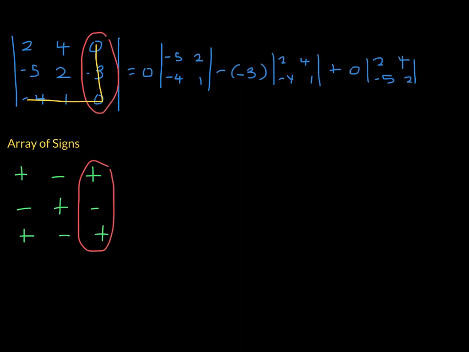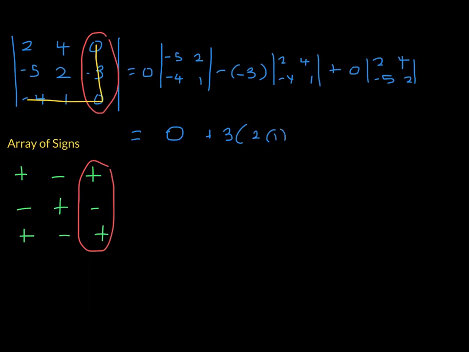Okay, so this is what we have. This is where this is really beautiful, right? It's 0 times this determinant, which is just 0 because anything times 0 is 0. And then it'll be plus 3 times, remember this is 2 times 1 minus 4 times -4.